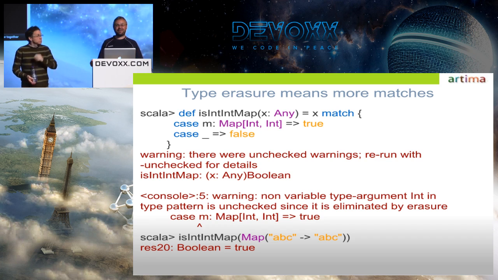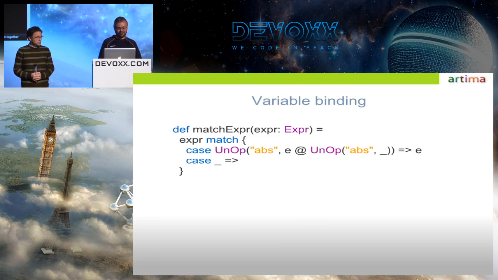It's going to believe you, not the other way around. It's going to match any map, but it's going to say, this must be a map of Int to Int because my user says so. It does warn you, and you say yes, I'm sure, and it'll let you do it. So that's a convenience, but a potentially dangerous one, because you can end up with a ClassCastException if you try to use it as an Int and it's not really one.